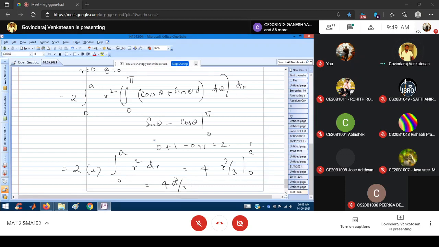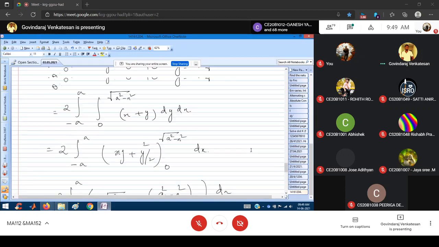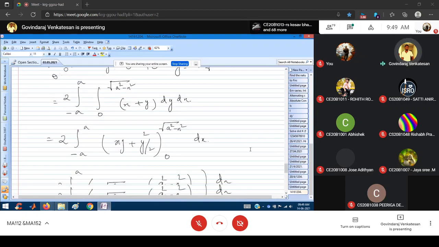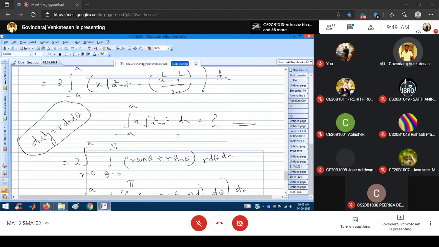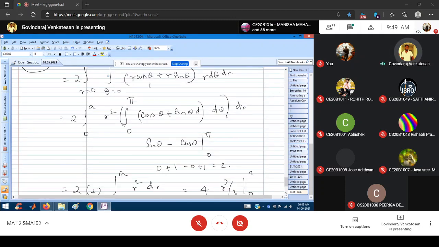Okay. So you just understand why I converted the Cartesian coordinates into polar coordinates, because of the difficulty in solving this integral in Cartesian coordinates. That's why I converted into r cos theta and r sin theta for x and y. I converted the x values and y values into r and theta.